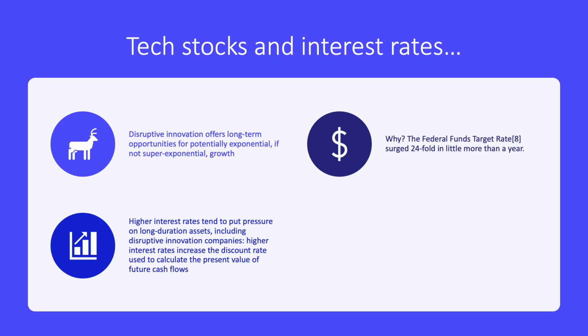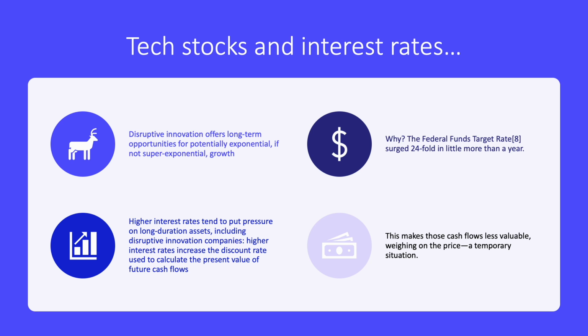And these higher interest rates tend to put pressure on long duration assets because you use higher interest rates to calculate the discount rate that you use to calculate the present value of future cash flows. It's all rather simple if you sit down and do those spreadsheets. In B school, we had to do those on a daily basis. But it really intuitively helps you understand that future cash flows become less valuable with higher interest rates.